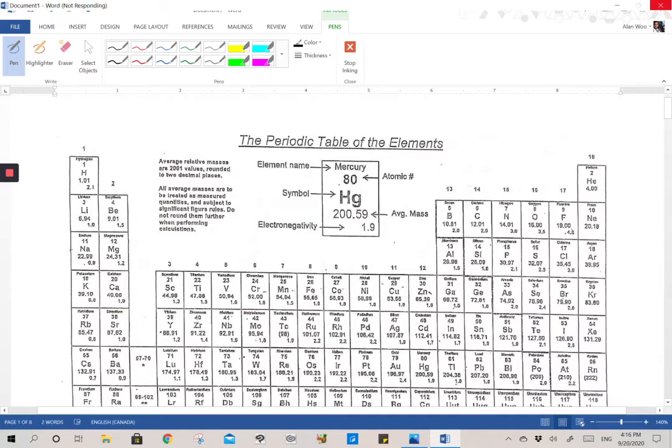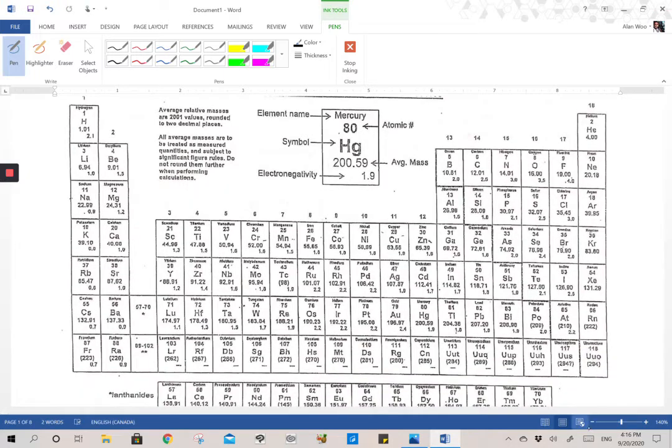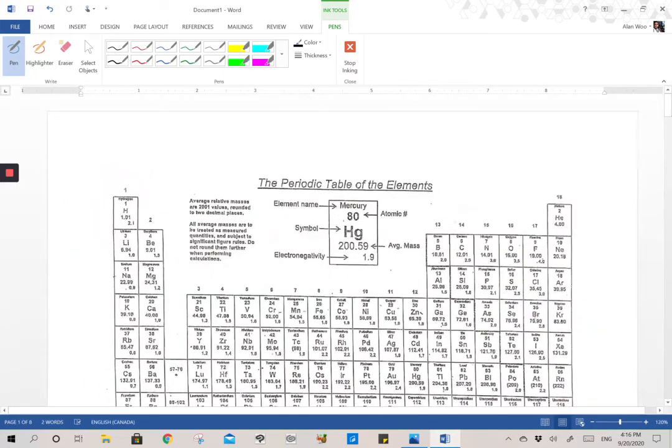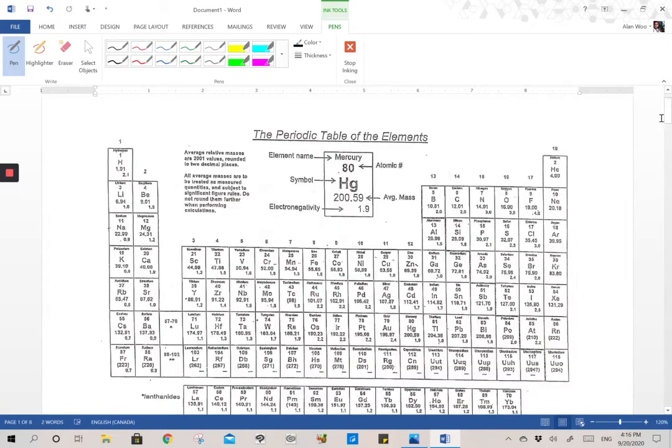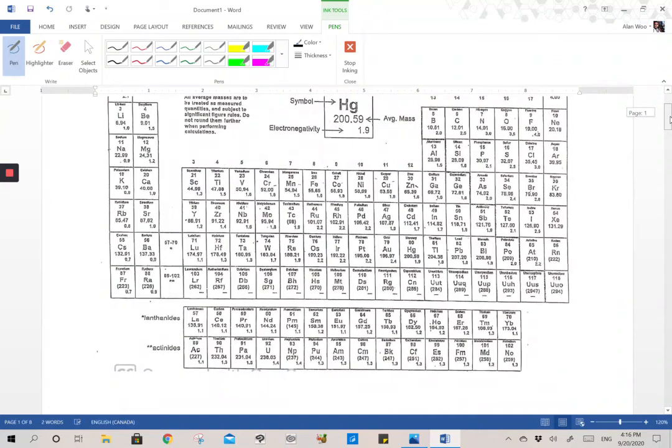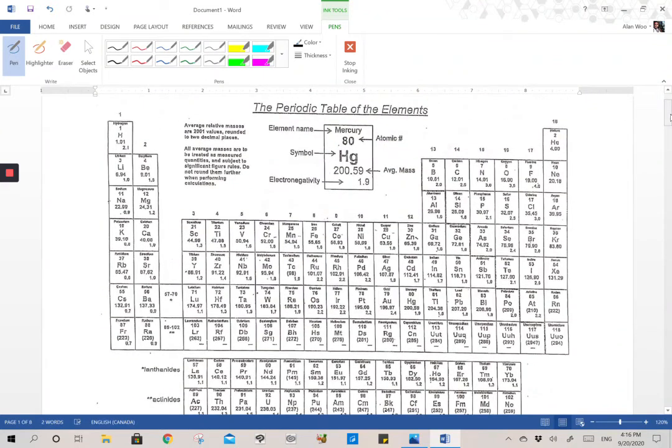So I'm just going to zoom out a bit so you can see the whole table. I think I've already gotten you to label the quantum numbers, okay, on the side here. But if you don't remember doing that, or you don't have it, just make sure that you have the quantum numbers here, like this. Okay.